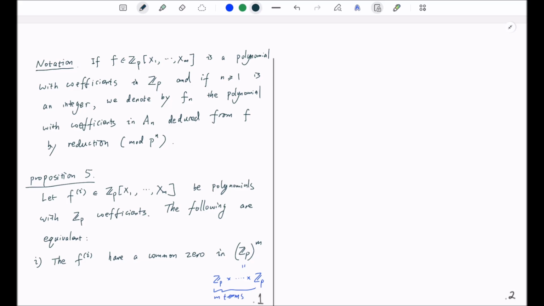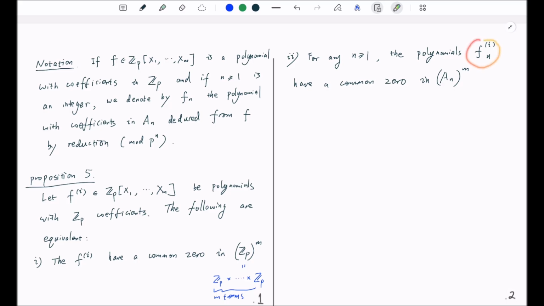And the second statement is that for any n bigger or equal to 1, the polynomials f superscript i sub n have a common zero in A_n^m.